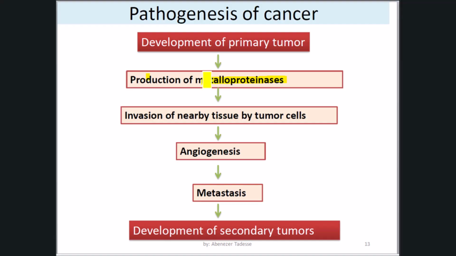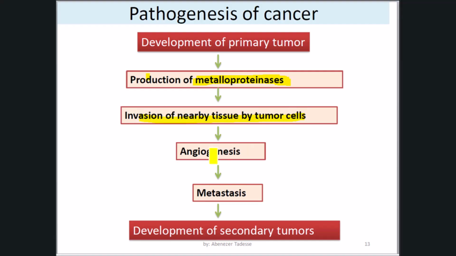The basement membrane and the cellular matrix restrict the cells from invading nearby tissue, or keep the cell localized within its destination, so it cannot escape its area. But metalloproteinase activity can lead to destruction of both the cellular matrix and the basement membrane, so the cell can easily escape its restricted area and invade the nearby tissue cells.